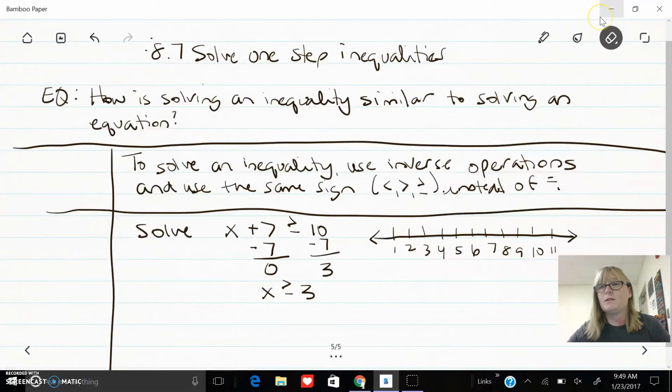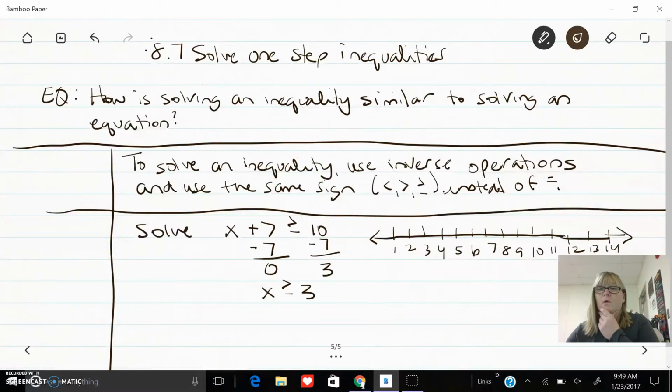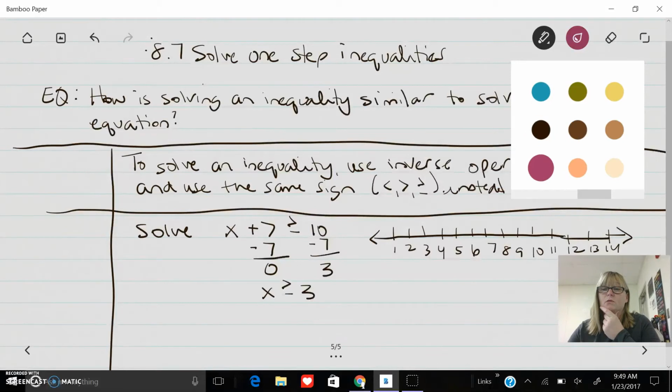I want to extend that because I need to go a little higher. 12, 13, 14.